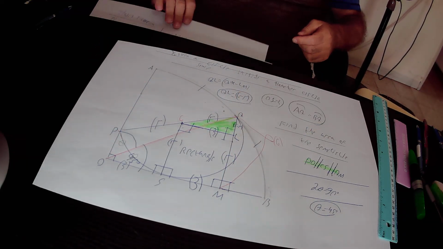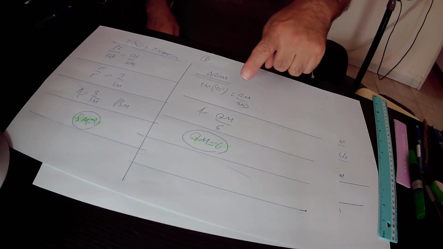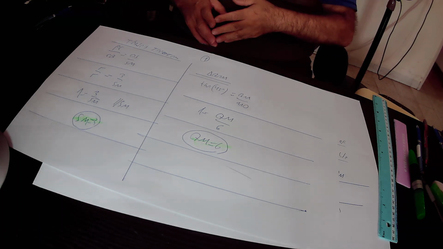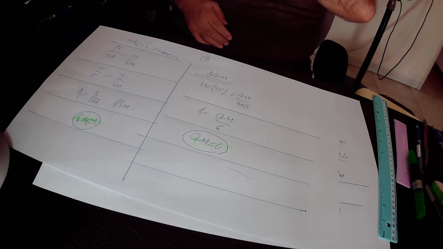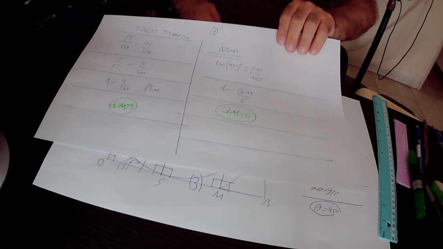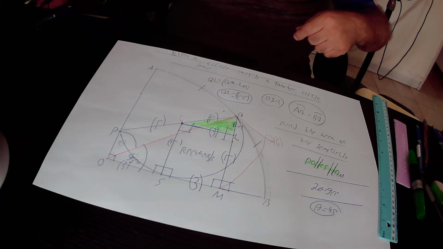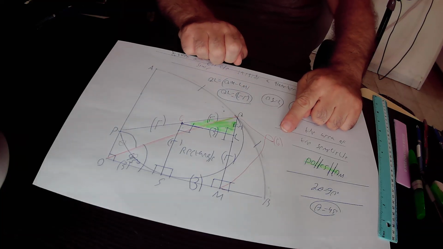So if you remember that, 1 equals QM over 6. Here you multiply this equation by 6 and find that the missing side QM equals 6 units in its length. This is the missing side QM, it equals 6 units in its length.